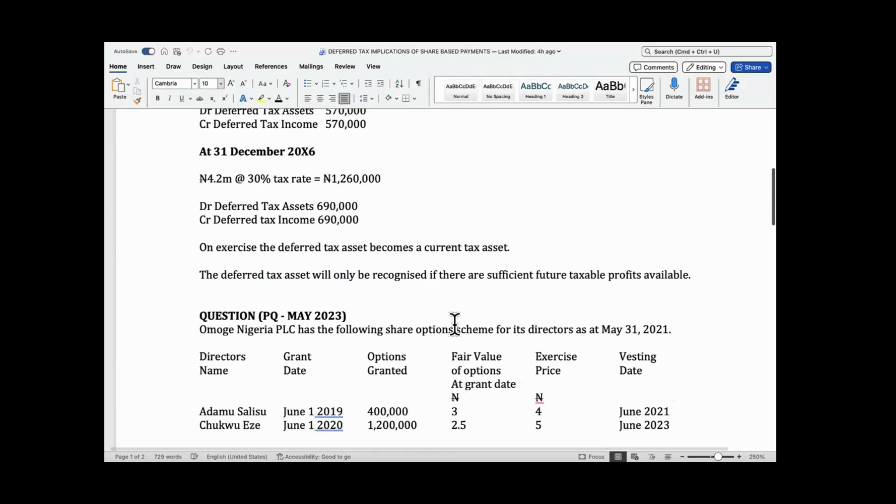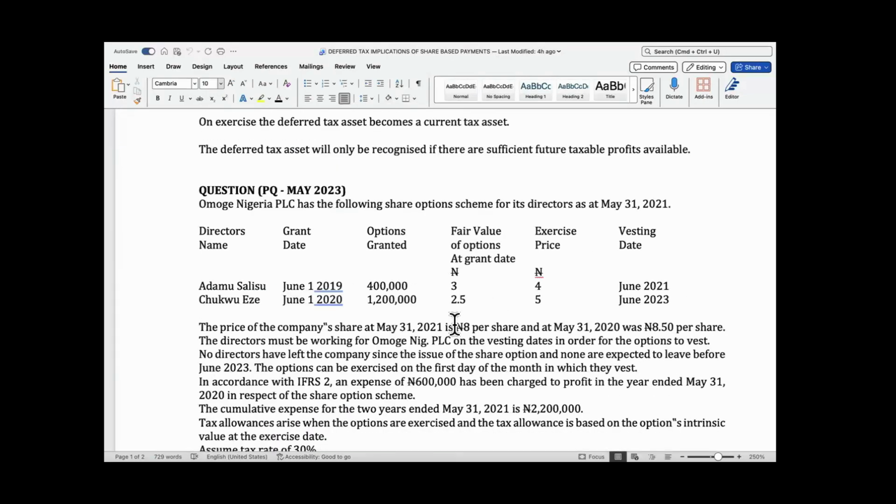Now, another one that they also asked in 2023. They gave you a company that gives share options to two of its directors at different dates, one in 2019, one in 2020. They gave us the fair value at the grant date, the exercise and the vesting dates. I can see the vesting date is 2021 and the grant date is 2019, that's a 2 years vesting period, while this one is a 3 years vesting period.